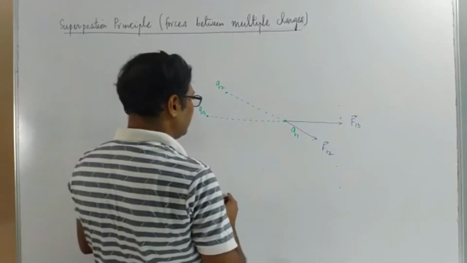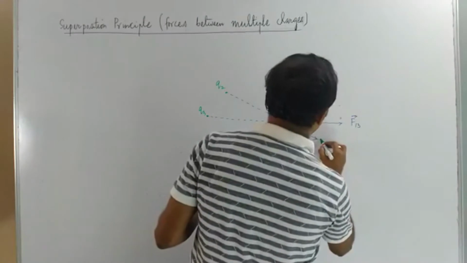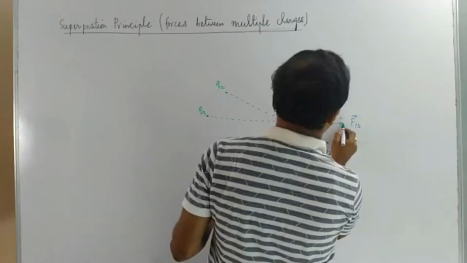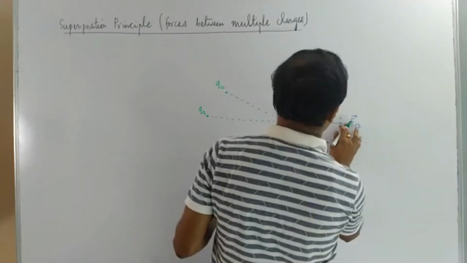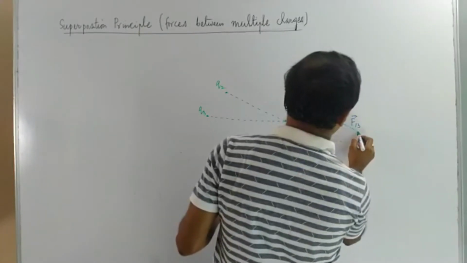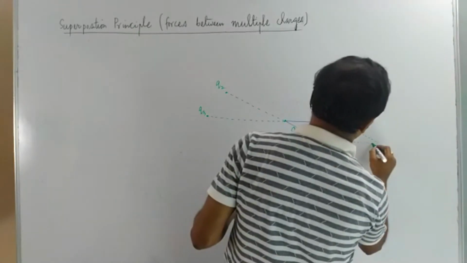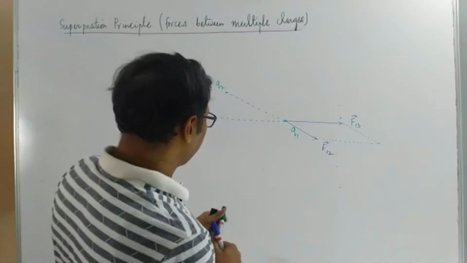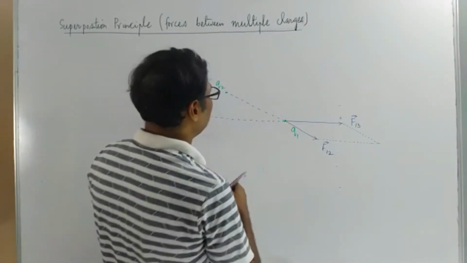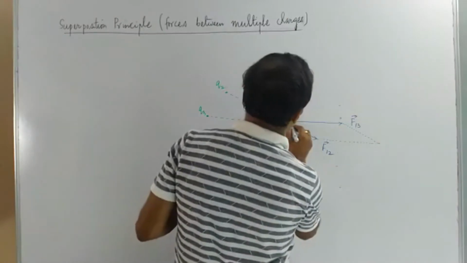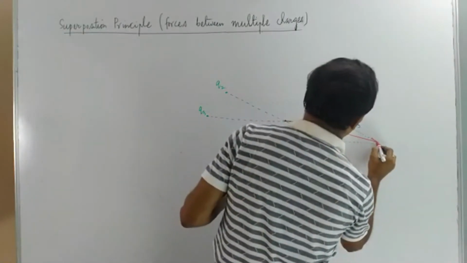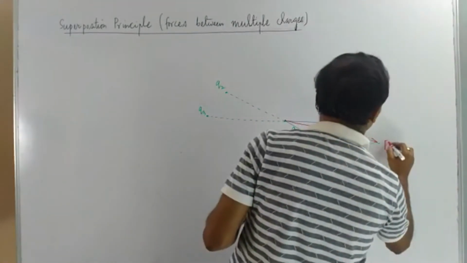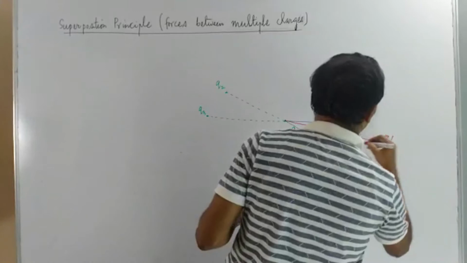I am applying the law of vector addition, and this is how I get this force. Let this force be F1 dash.